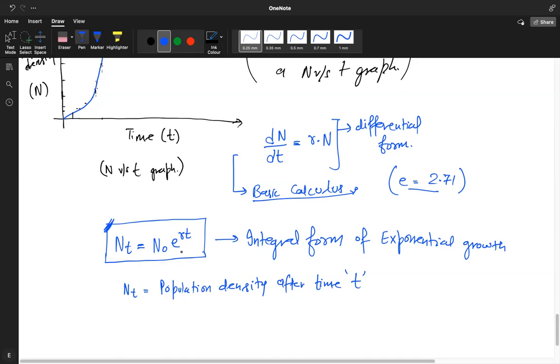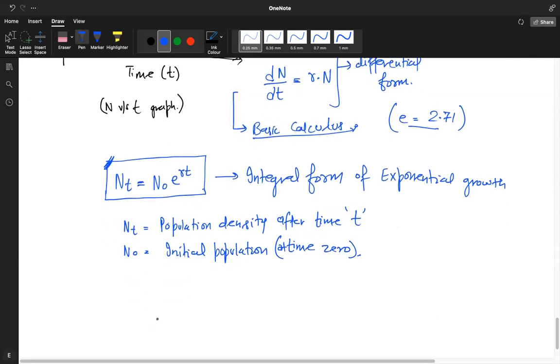N naught is the initial population, or you can also write population at time 0, which means when you began studying the population. r, you all know, is the intrinsic growth rate, or intrinsic rate of natural increase, as the book says.